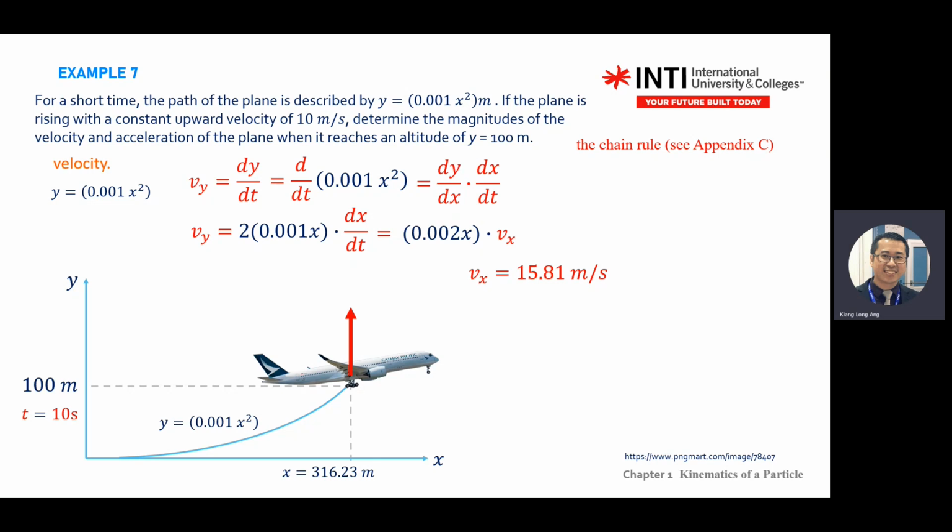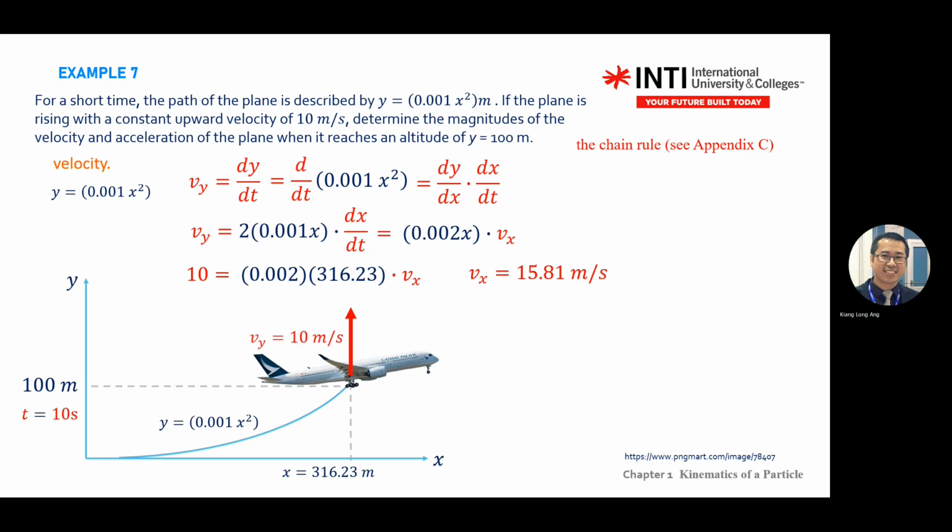This is the relationship between Vy and Vx. You know your x position at that time, substitute that x and you get your Vx. Vy, you know, is always 10 meters per second. So you get Vx equal to 15.5.